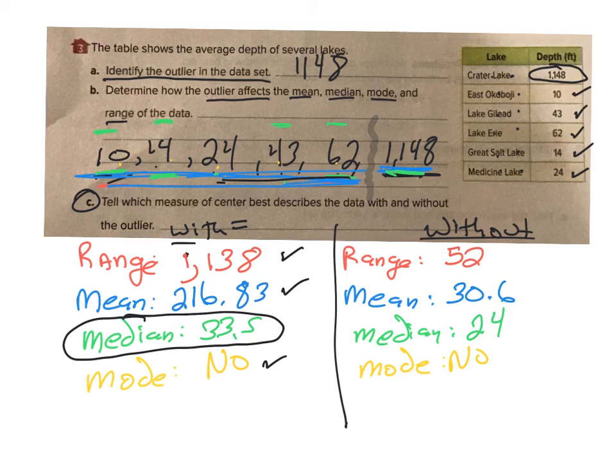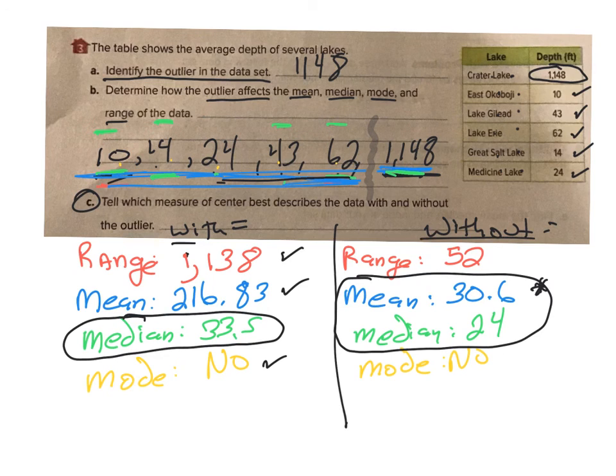Now, without the outlier, let's see, I have the range of 52. That's pretty good. The mean of 30. The median of 24. I think I would go with either of these. And I'm feeling like I would go with the mean most of all as the one thing that would best describe the center.